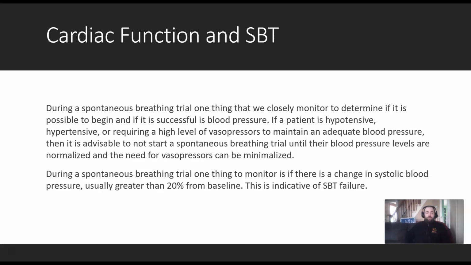Sometimes patients are weak, and just that stress of having to breathe on their own can cause increased demand, so their blood pressure increases. Or again, that acute increase in afterload from switching to CPAP and removing that positive pressure ventilation can cause the blood pressure to spike because of a CHF exacerbation.